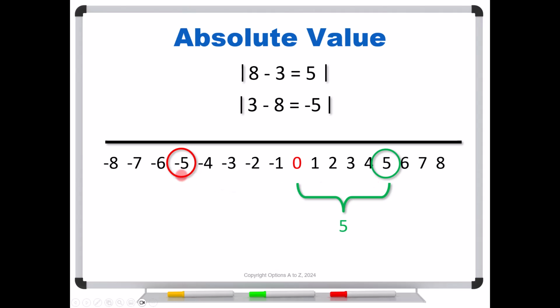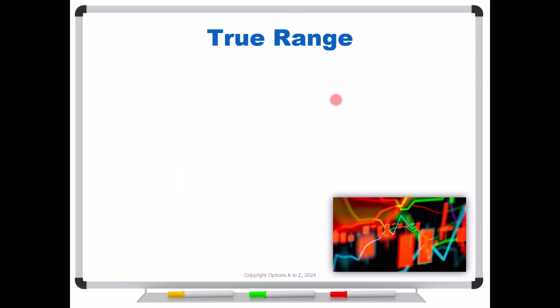And down here, yeah, it's technically -5, but we're not really worried about that. It's still 5 units away from 0. So whenever we use absolute value, you will always get a positive number. And that's going to be important to remember as we step through this video. Okay, so with that little backdrop out of the way, let's go take a look at true range.